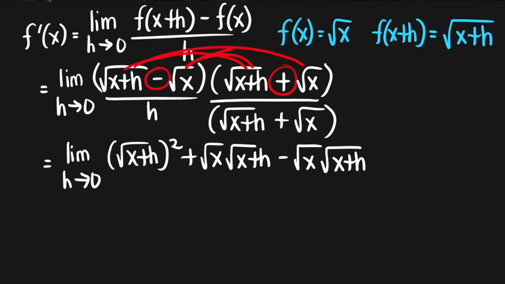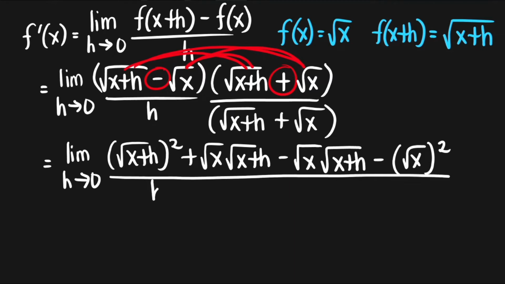And these two terms, we get square root of x squared. On the bottom, we simply multiply h and the square root of x plus h plus square root of x. Notice that these two terms have the same value but with different signs. Now this will add up to 0, so we can cancel these terms.